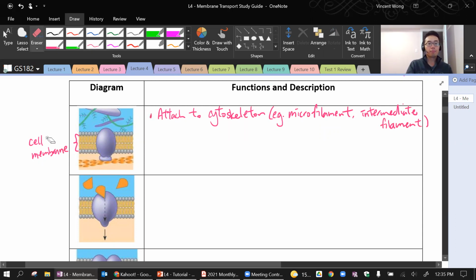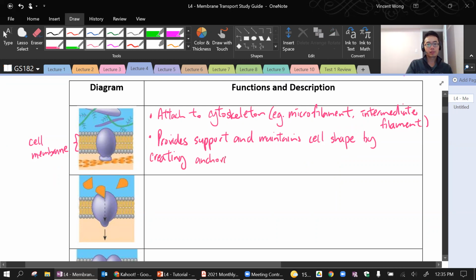So the membrane protein provides support and maintains cell shape by creating an anchorage point for the cytoskeleton.